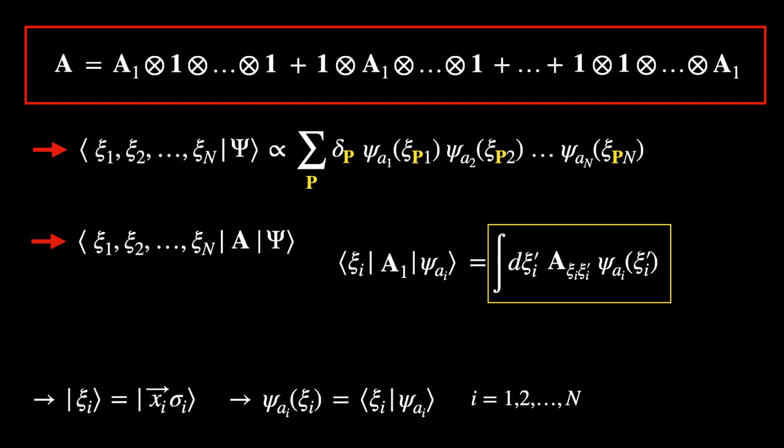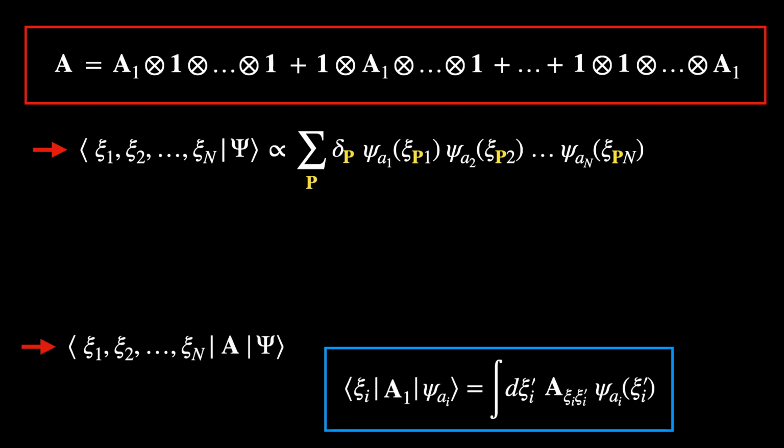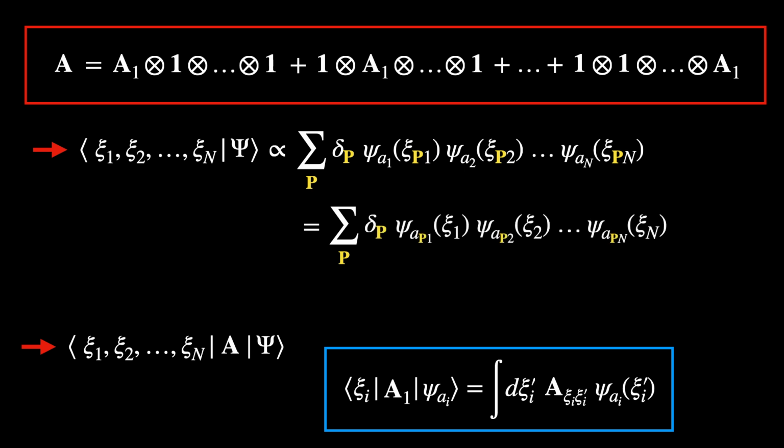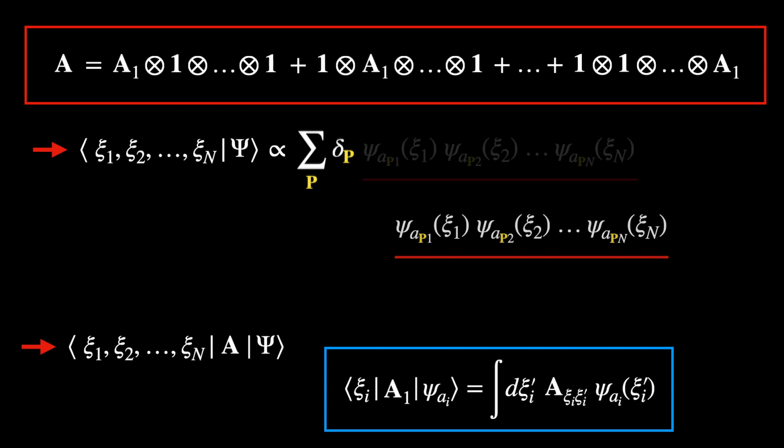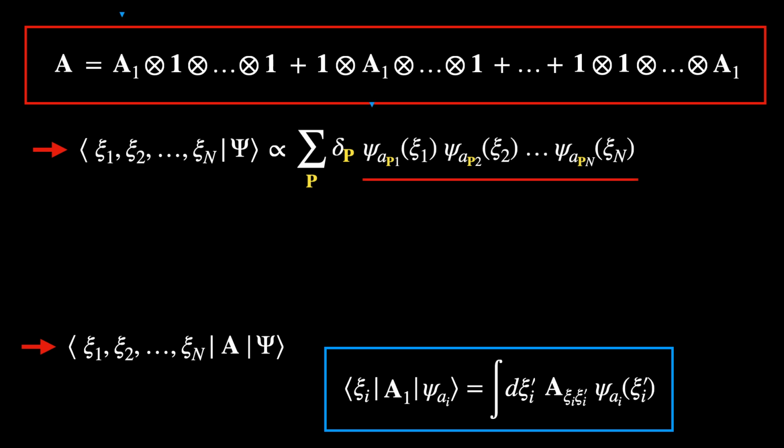For the case of n identical particles, we just need to know how A acts on each term within the sum in the definition of psi. Our calculation becomes easier if we rewrite the wave function in this way. A moment of reflection will convince you that these two products are equal. Each of the terms in A acts on each single particle wave function in the product according to the rule in the blue box. Like so.